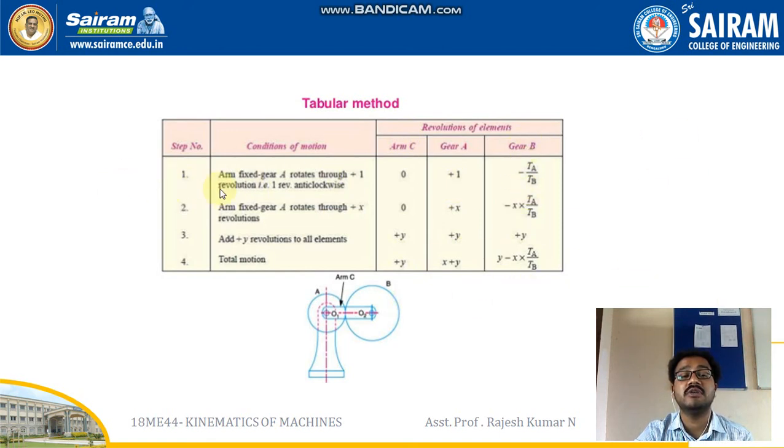Step 1, step 2, step 3, step 4: the first step is always giving plus revolutions to the first gear A, the second step is the X revolutions, then adding Y everywhere to A, B and the arm, and the last is writing out the formulas. We'll discuss a problem so that we can understand it in a better way.